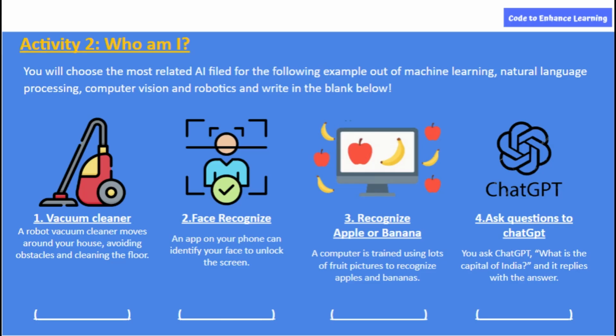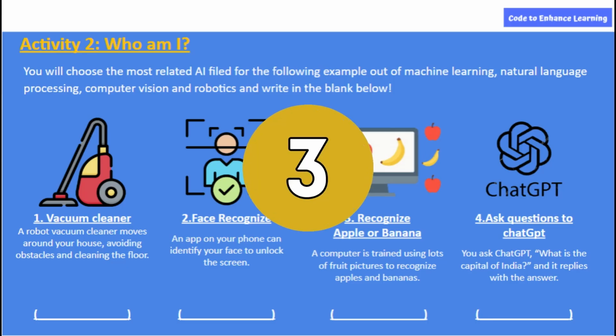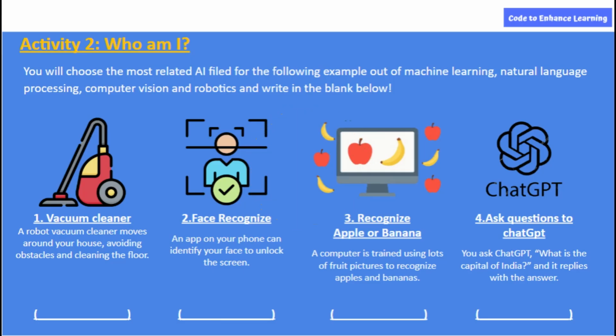You ask it a question in English and it replies. Which AI field is this? Exactly, it's natural language processing, because it understands and responds to human language. Well done. You have just linked real-world examples to the 4 main areas of AI. This helps us see how these fields show up in our daily lives.